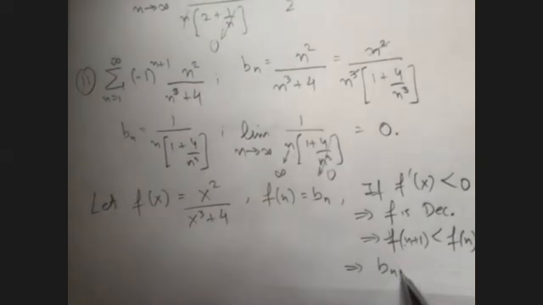This means then bn plus 1 is less than bn. So this is what we have to check for this function.